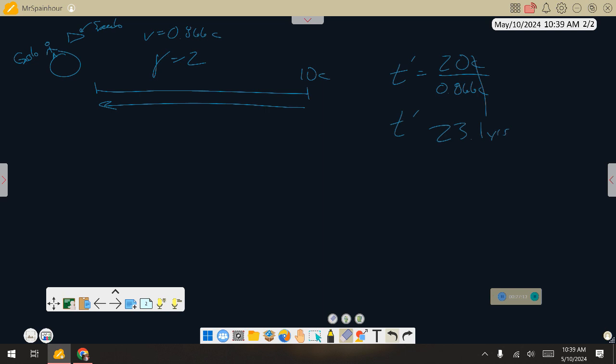So we do a little bit of math. We go, all right, so time dilation equals time proper times gamma. So time proper must equal time dilation over gamma, or 23.1 years divided by 2. I did not make numbers easy for myself. Help me out. What is that? 11.6.